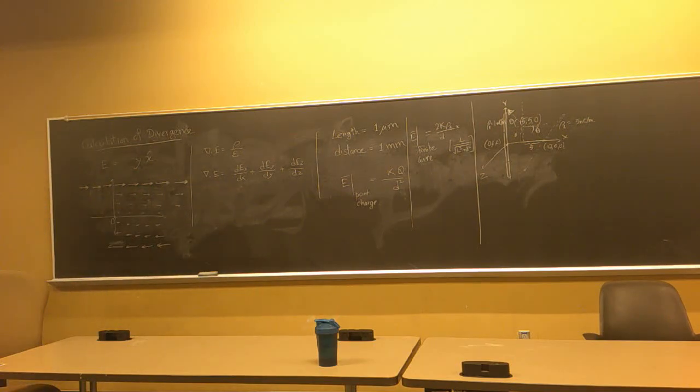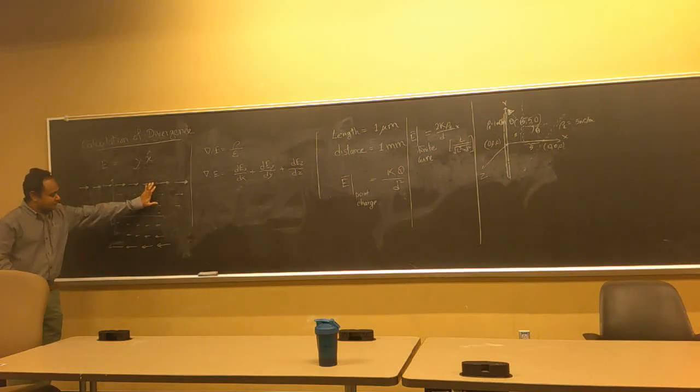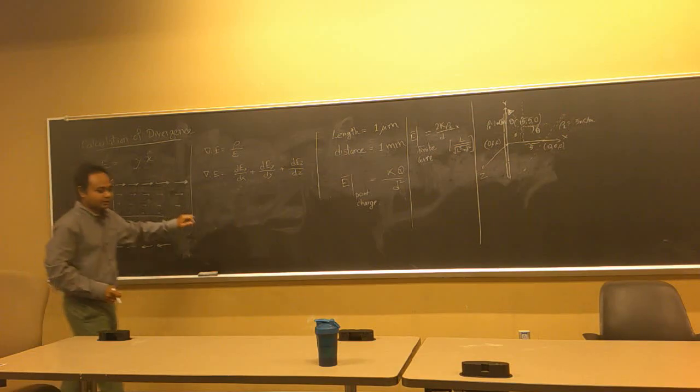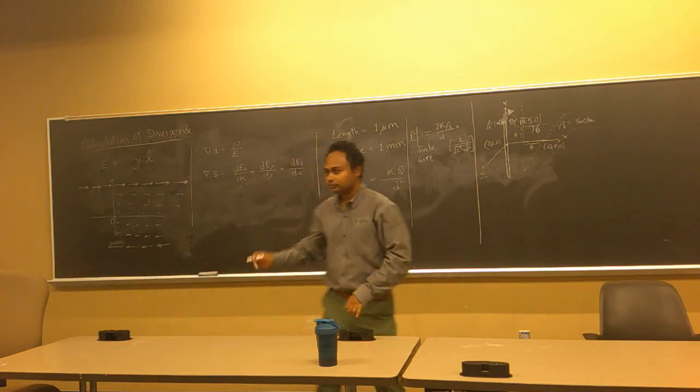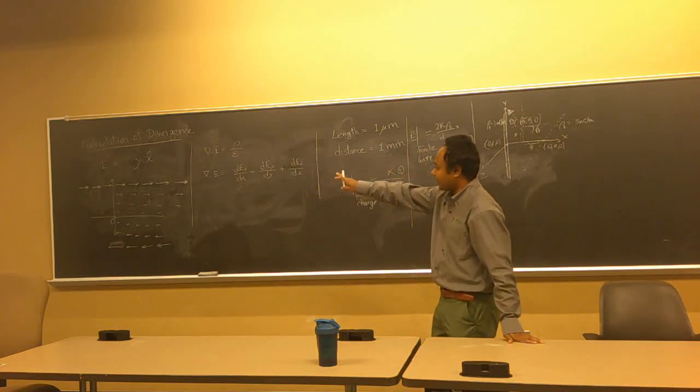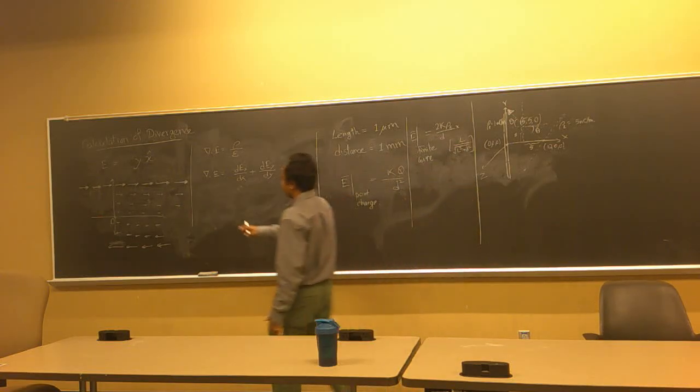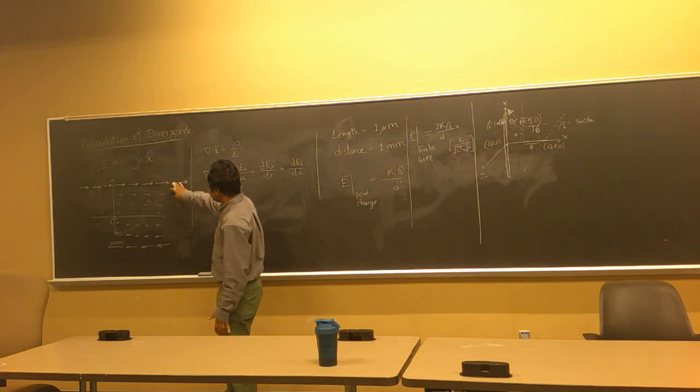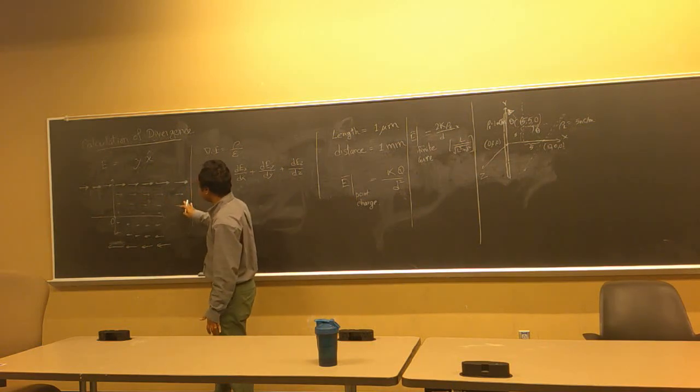So from this diagram, does it look like that it has a source somewhere on the plane of the board? If you look at the distributions of arrows, does it occur to you that there is a source somewhere?